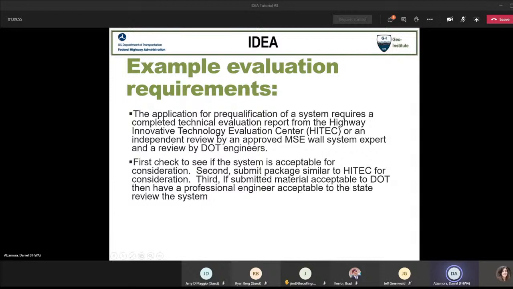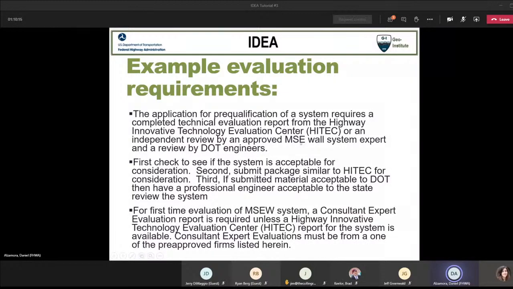Third, if the submitted material is acceptable to the DOT, then have a professional engineer acceptable to the state review the system. So again, they have three different steps here, and at the end of the day, they still require a professional engineer to review the system.